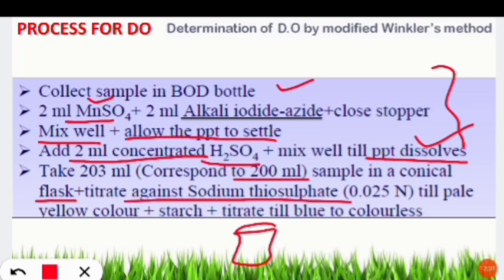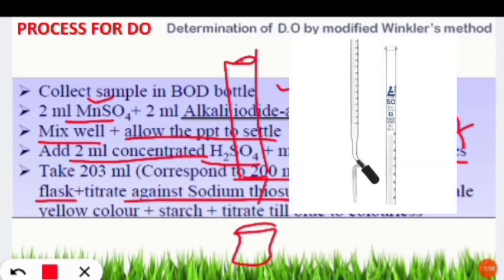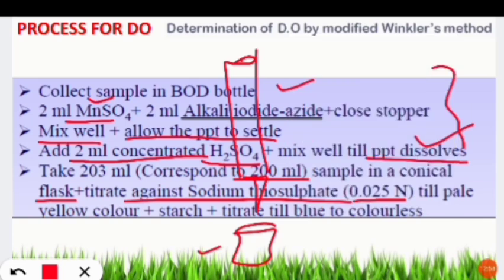You should remember the sodium thiosulfate formula: Na2S2O3. I repeat, Na2S2O3 is the formula of sodium thiosulfate. We will take 0.025 normality sodium thiosulfate in the burette, and in the conical flask our sample is taken along with the reagent.